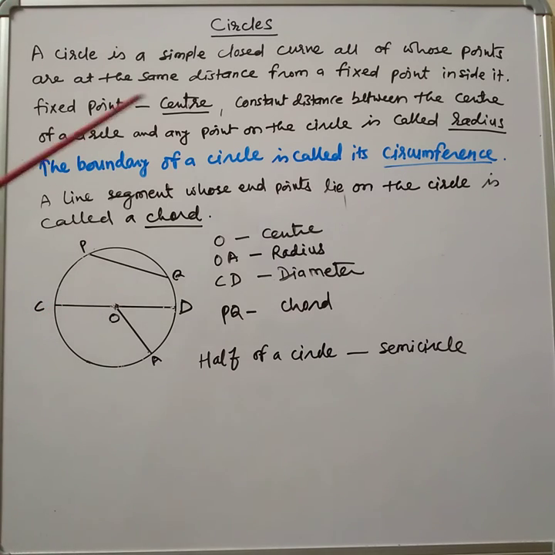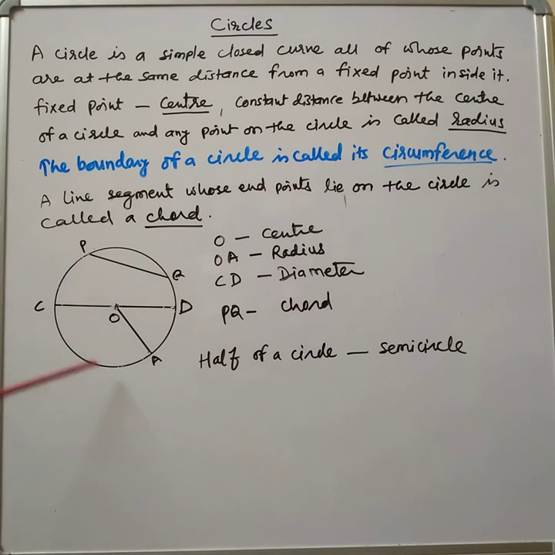Clear? So these are the terms we have to learn. A circle is a simple closed figure, and from a fixed point the other points are at the same distance. That fixed point is called the center, and the constant distance between the center and any point on the circle is called the radius.